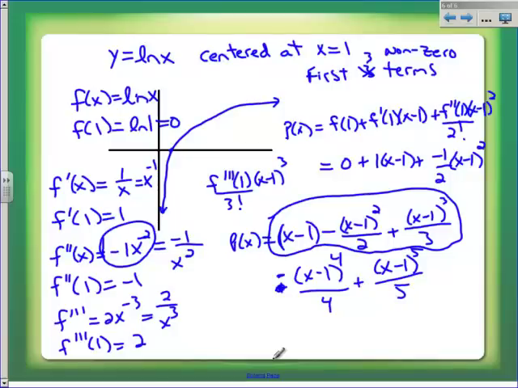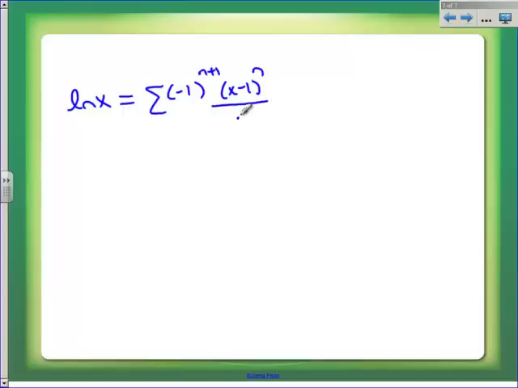All right, so why is this useful? Well, this is a Taylor polynomial that defines natural log. And as a matter of fact, we're going to find out that the natural log of x is equal to a series. And that series is alternating, and the terms go (x minus 1) to the n power, all over just n, not n factorial.